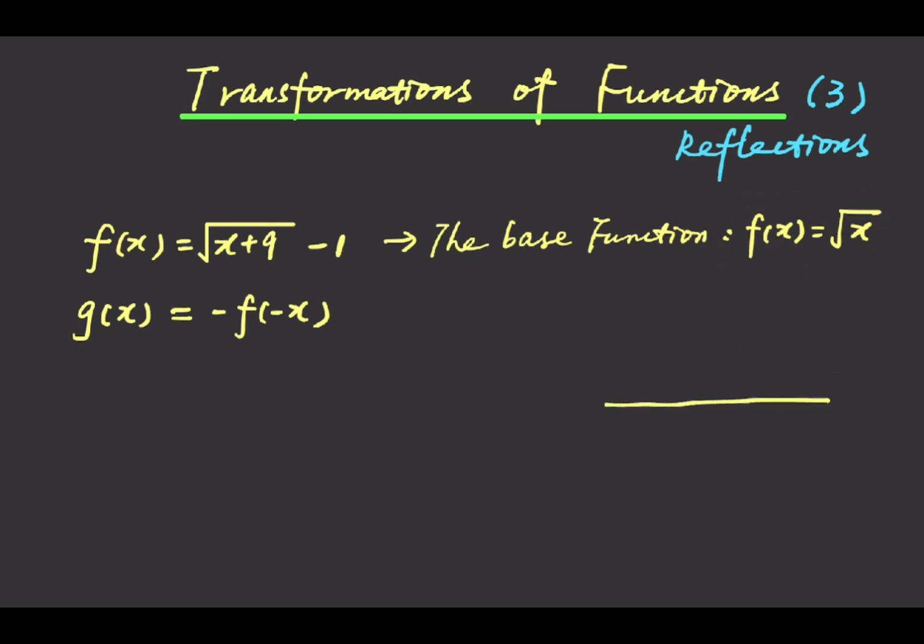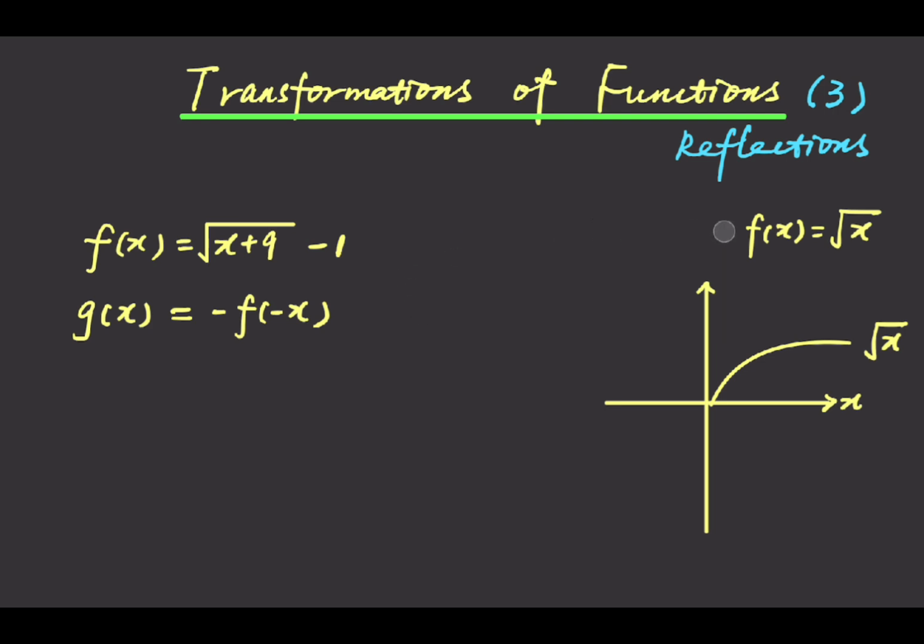We have now one. The base function, its graph, should be like this. Okay. It is square root of x. Now we need to analyze this part: x plus 9 under the square root sign.